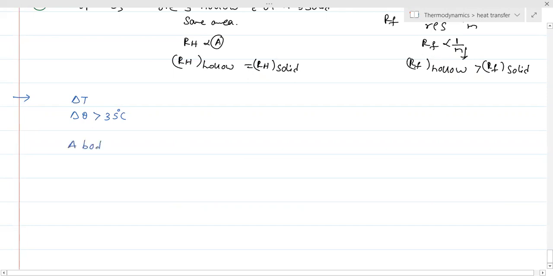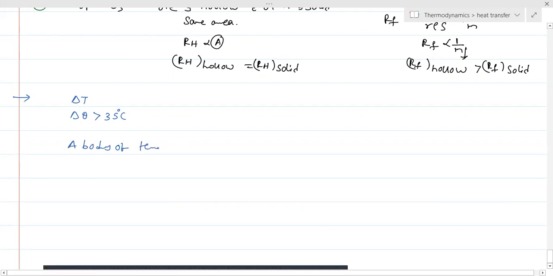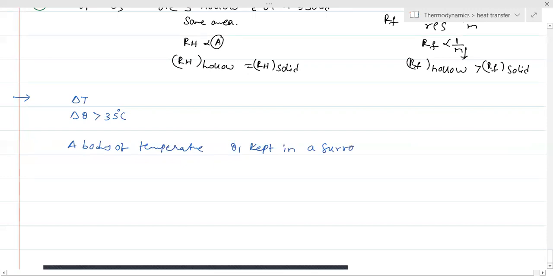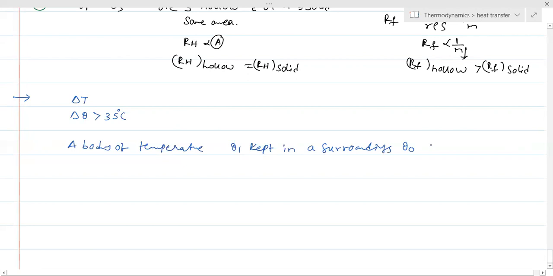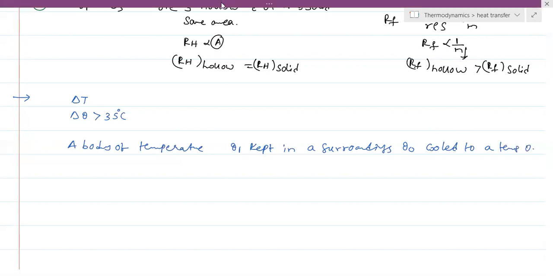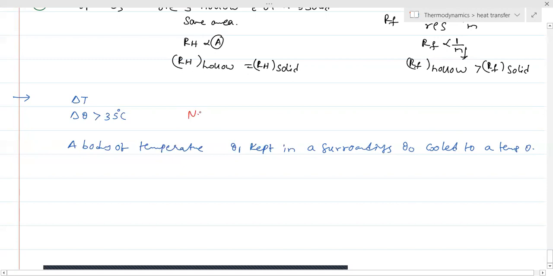Suppose a body of temperature theta 1 is kept in surroundings theta naught and cooled to a temperature theta. So we are thinking of Newton law of cooling special cases.